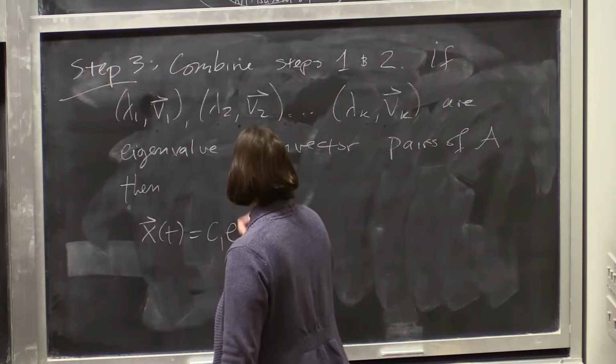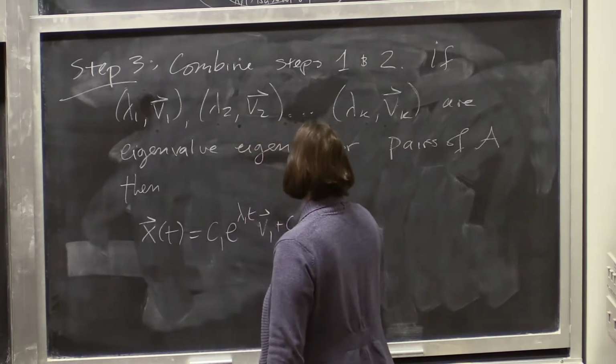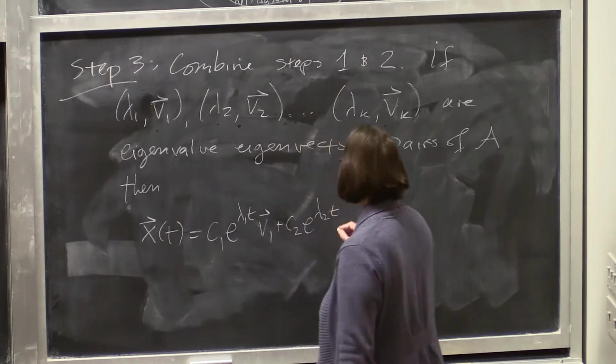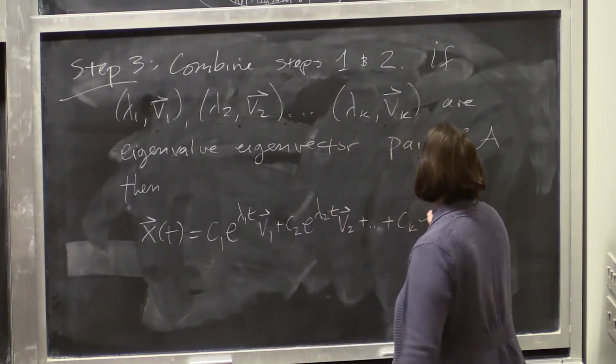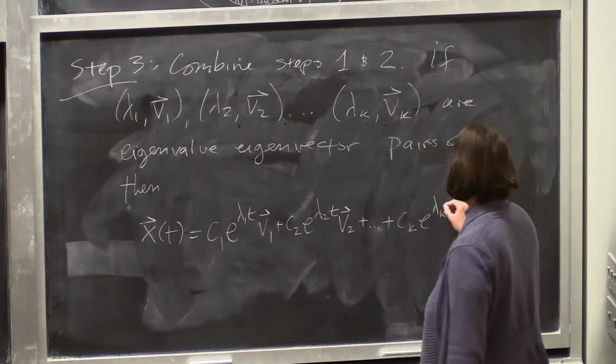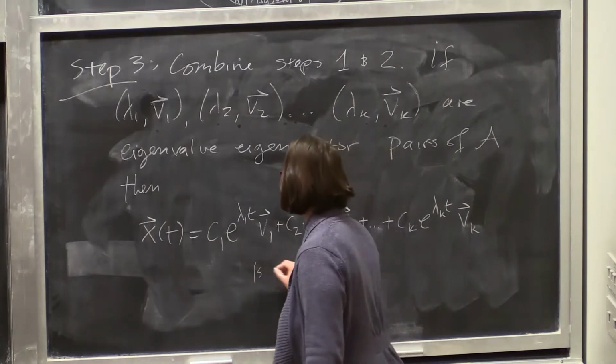So x of t equals c1 e to the lambda 1 t v1 plus c2 e to the lambda 2 t times v2 plus ... plus ck e to the lambda k t vk is a solution.